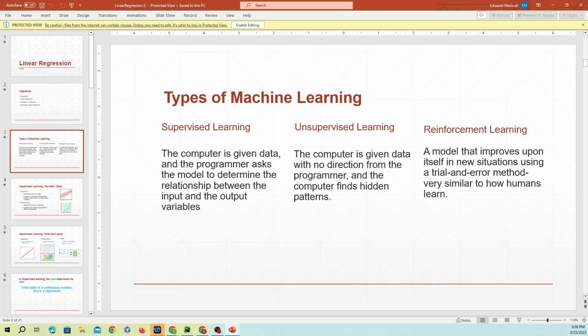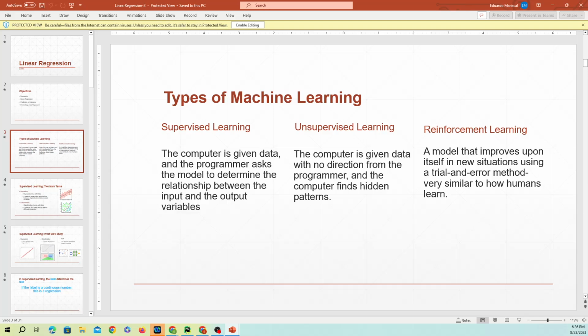From that, it's going to learn. So you're supervising the learning of the machine, and hoping that after that, the machine will be able to determine whether a new email that comes in is spam or legitimate, and then determine the performance, right? So that's supervised learning. You're helping the computer learn by itself with your help, right?